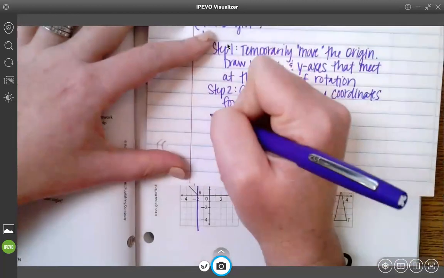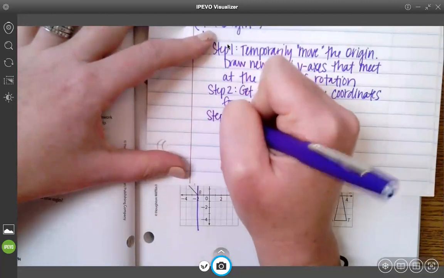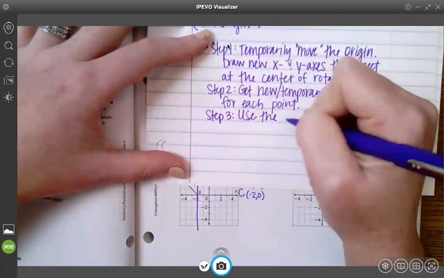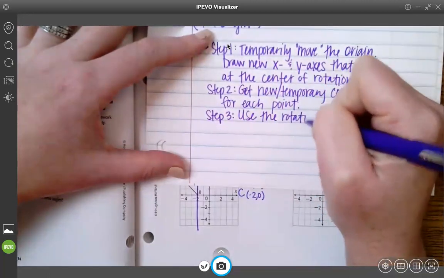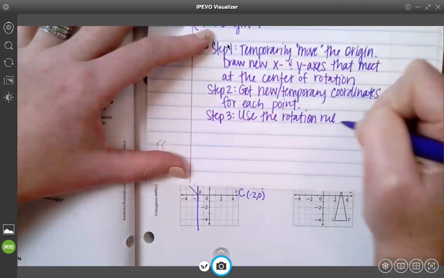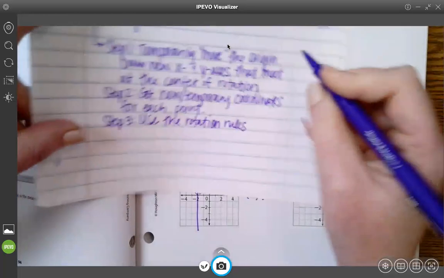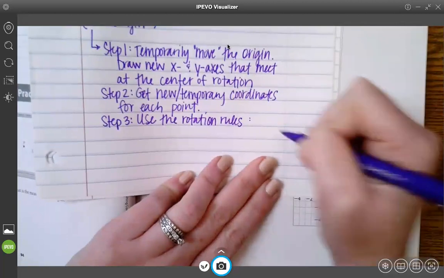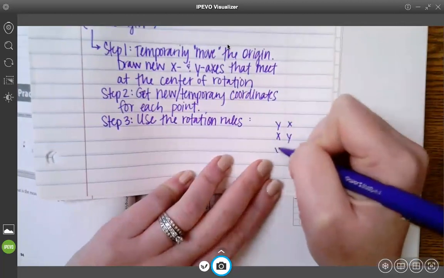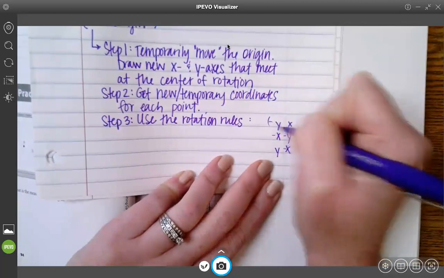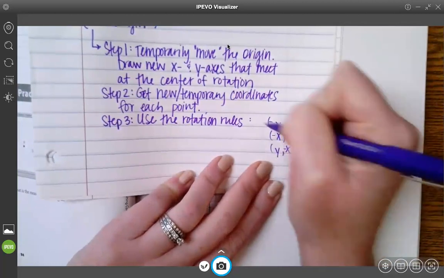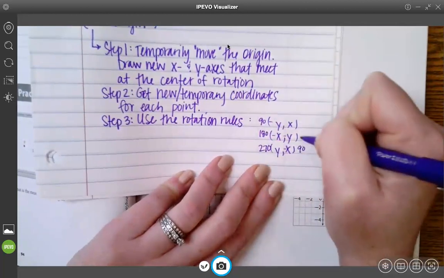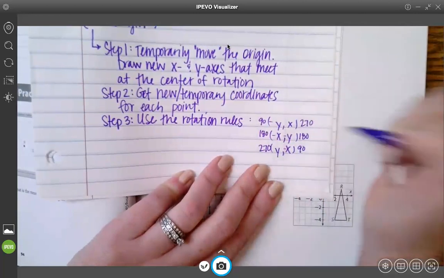After you've done that, you have set yourself up for using our regular rotation rules. So use the rotation rules, which again, just because the more we repeat it, the easier it is to remember: yx, xy, yx, negative first, negative both, negative last. 90, 180, 270 on the left. 90, 180, 270 up on the right.